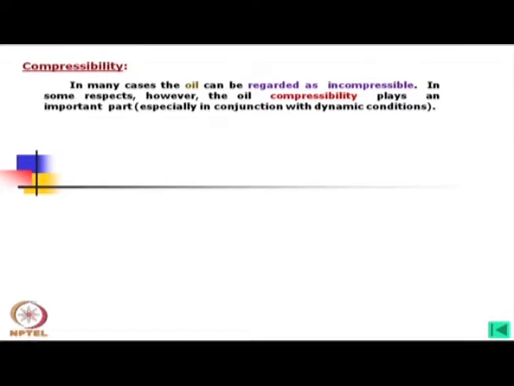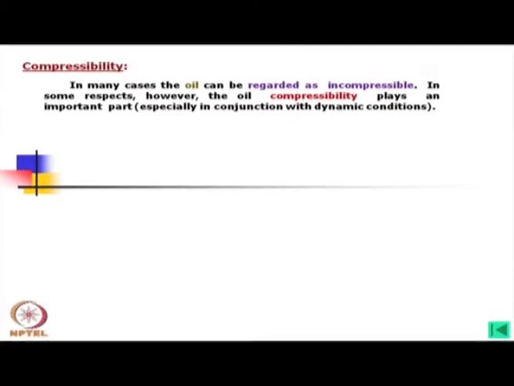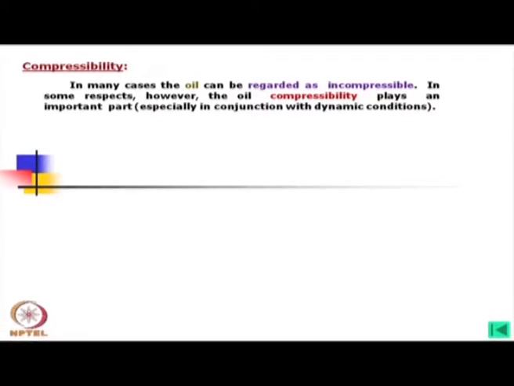However, where we need to calculate the system performance, particularly the vibration or the system dynamics at transient, there we need to consider the compressibility also. In many cases, this compressibility is used as a lumped parameter.